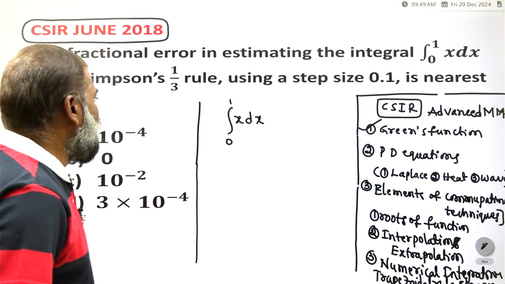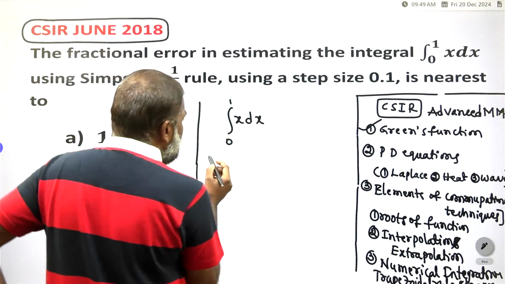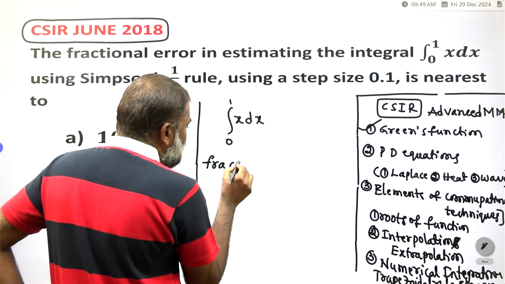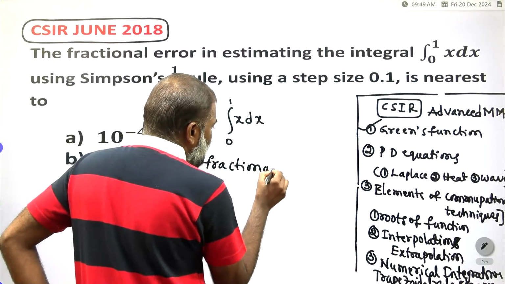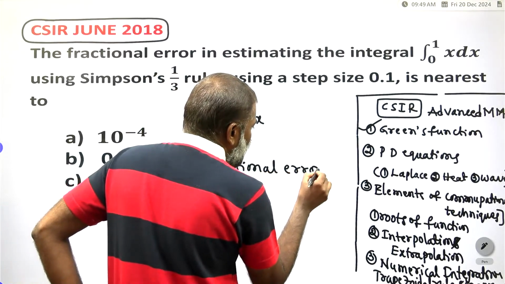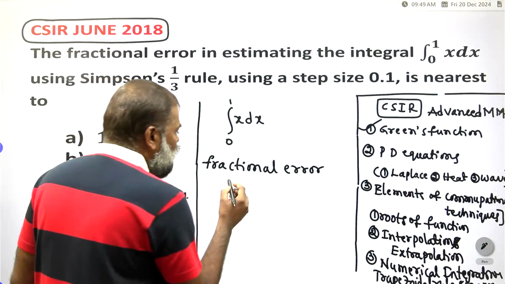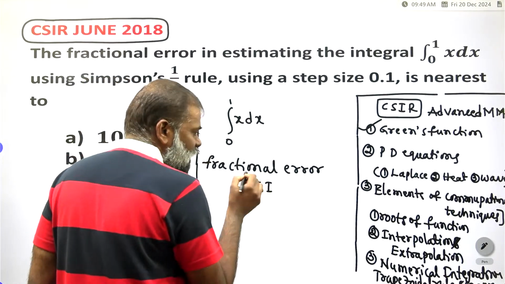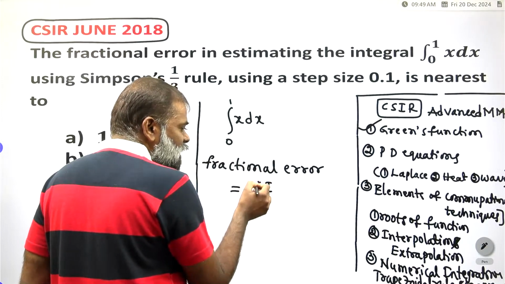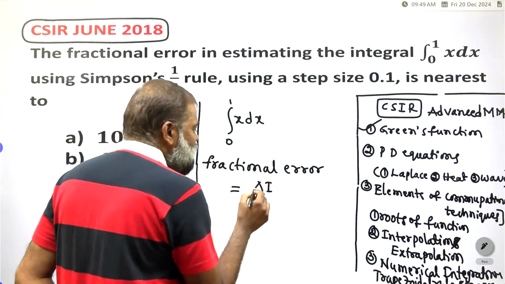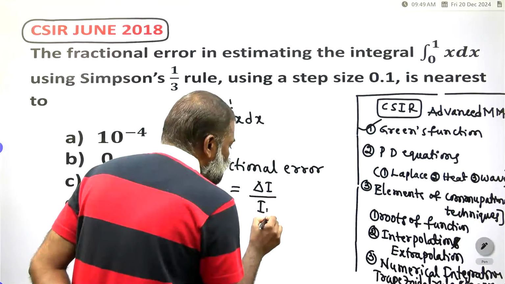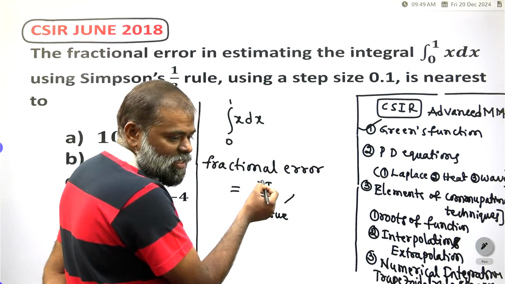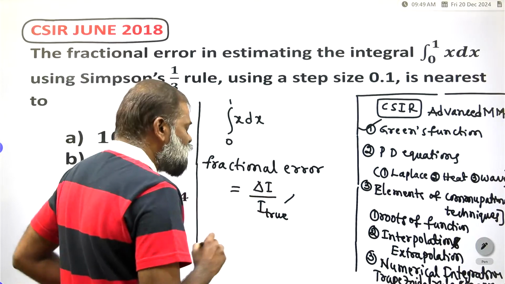First, we need to calculate the fractional error. Fractional error is equal to the approximated integral minus the true integral, divided by the true integral.